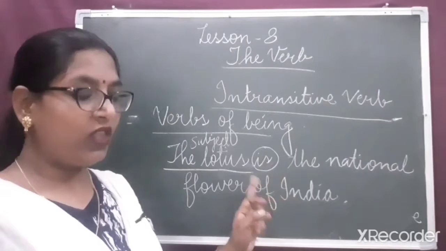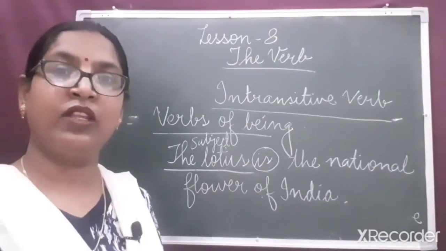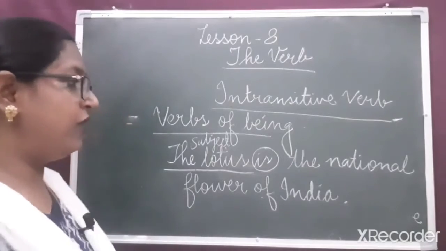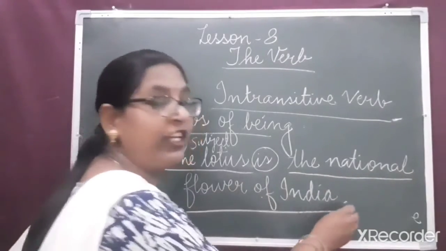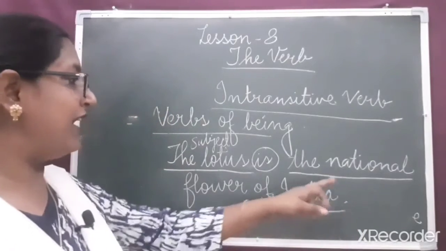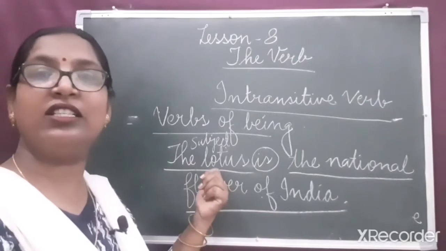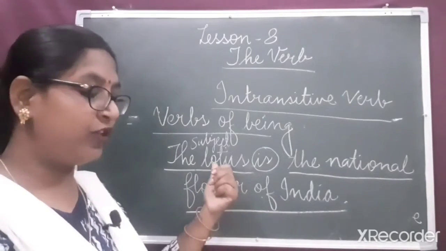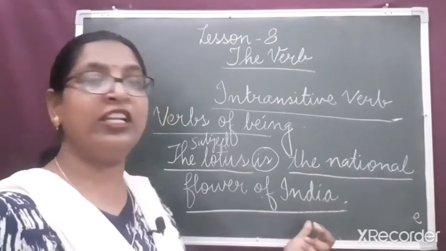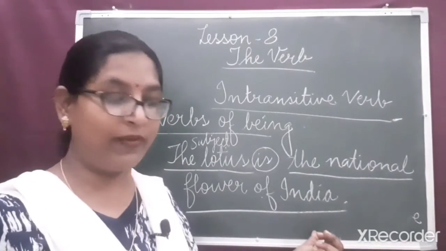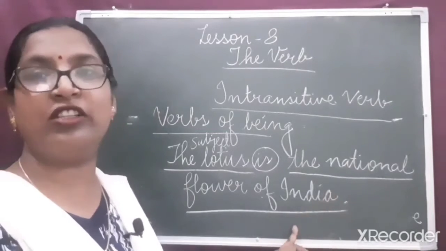Dear children, here we can see the phrase the national flower of India. National flower of India is a phrase which refers to the subject. So, the national flower of India is the complement. The sentence will be incomplete without this phrase.